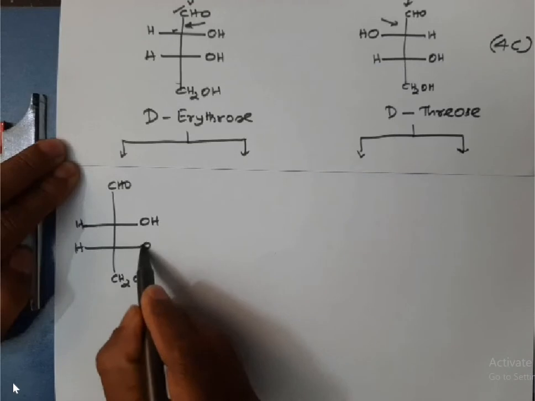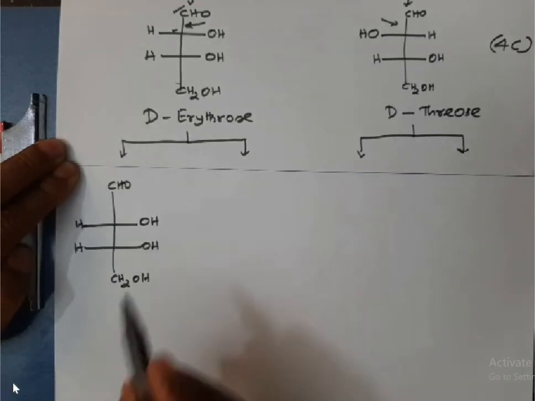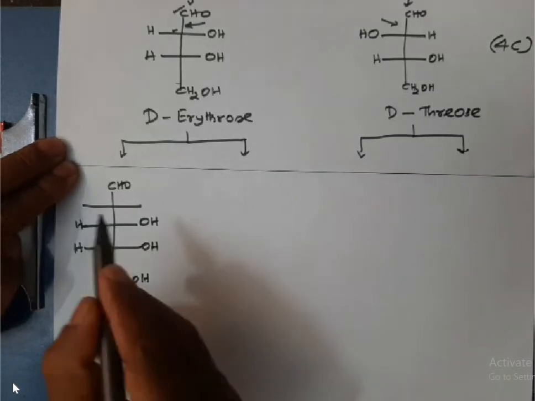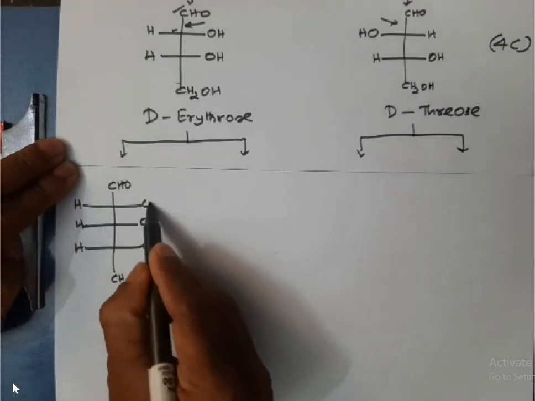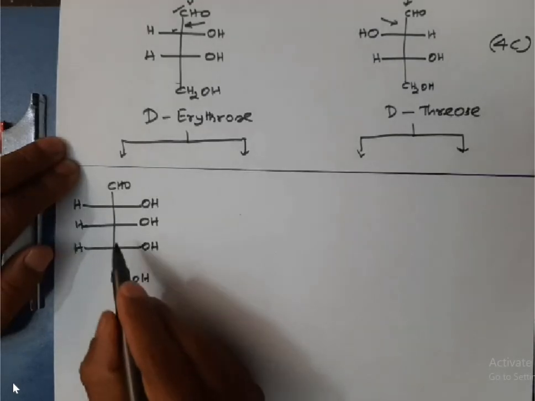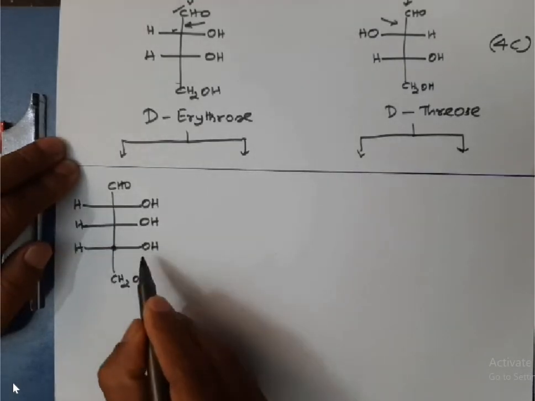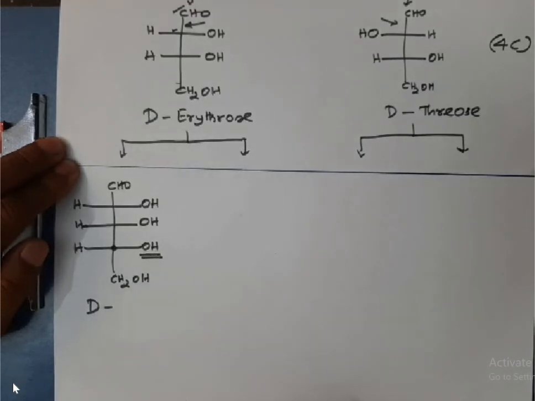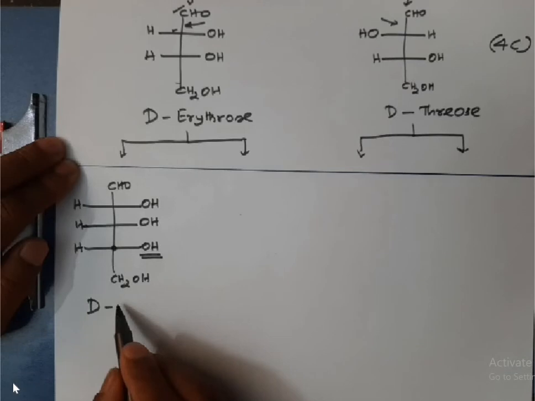Now I'm going to introduce a new chiral carbon here. In that new chiral carbon, if we put OH group in the right hand side, in the highest number chiral carbon, OH group is right, therefore it is D. And this compound is called D-ribose.